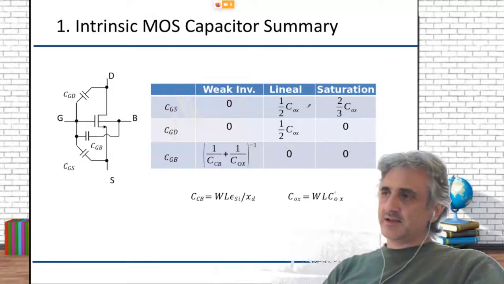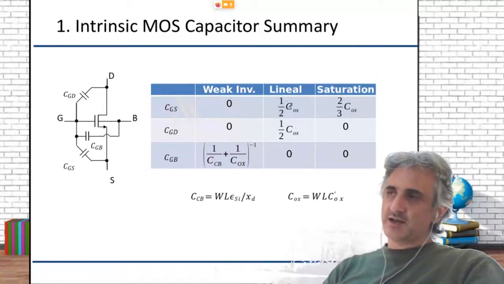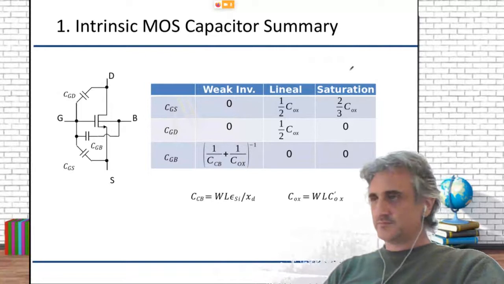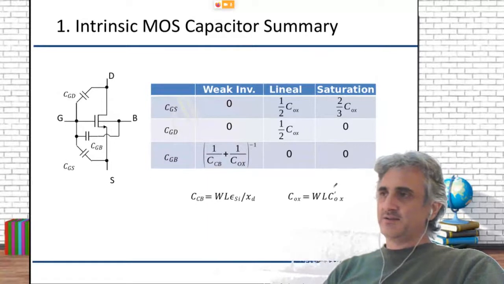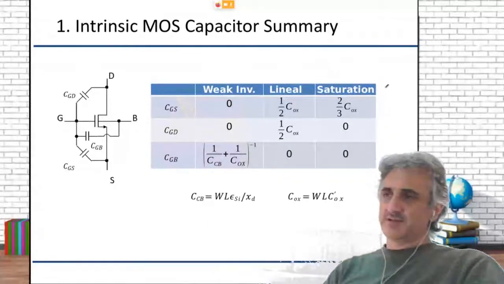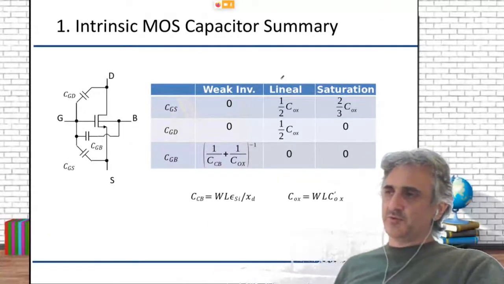And then in the linear region, the gate capacitance is equal to the capacitance between the gate and the drain, which is 1/2 of the total. In fact, we will probably be using only the saturation capacitance, so you don't have to worry a lot about the rest.